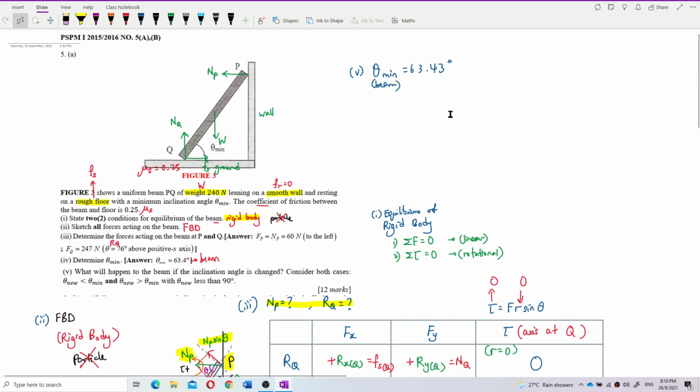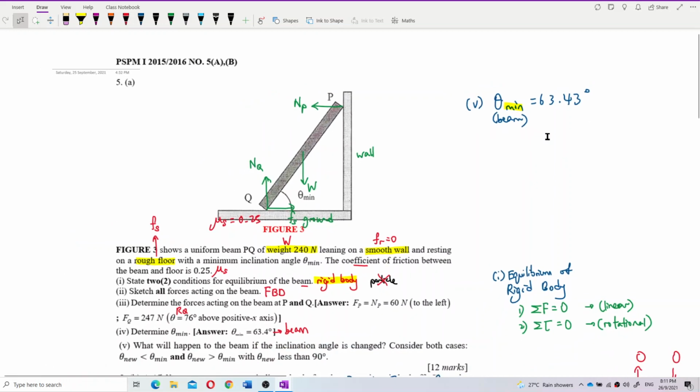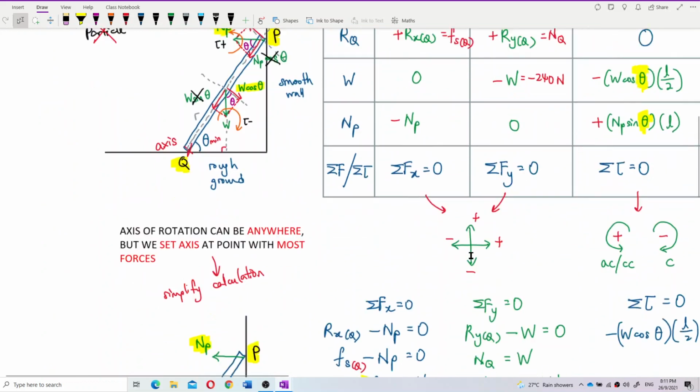Why do you have the word minimum there? How do we find the angle minimum here? We found the angle minimum when we apply the maximum friction.